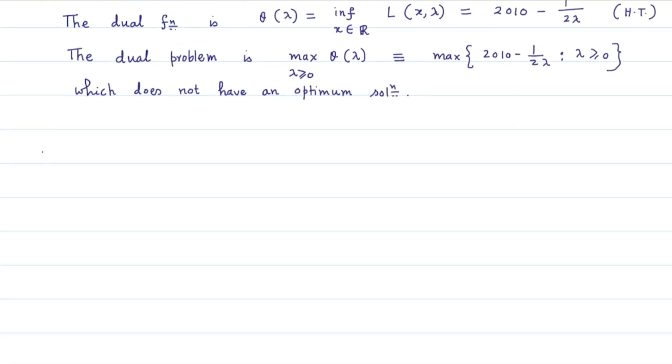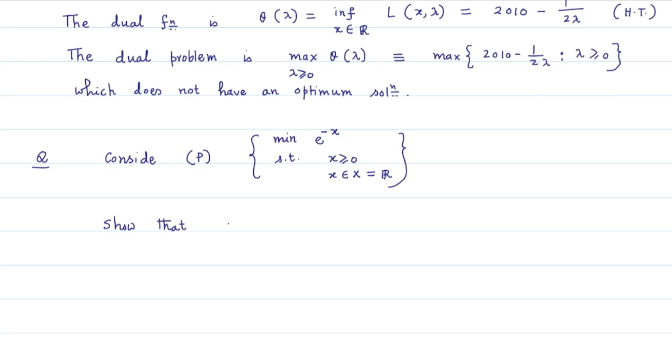Consider the problem: minimization of e to the power minus x subject to x greater than or equal to 0, where x belongs to capital X, and capital X is the set R. You please figure out that the dual problem for this primal problem has an optimum solution, but this primal problem does not have an optimum solution.